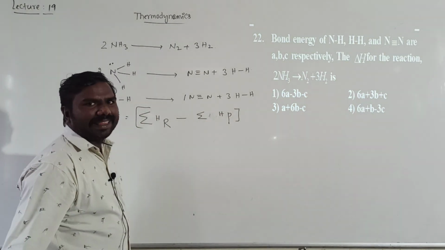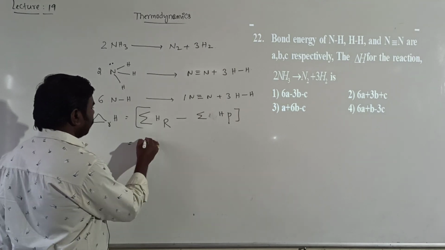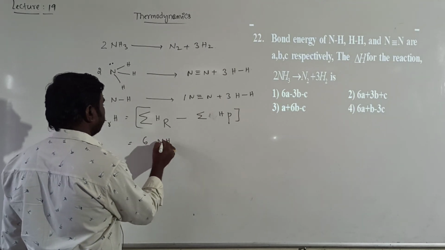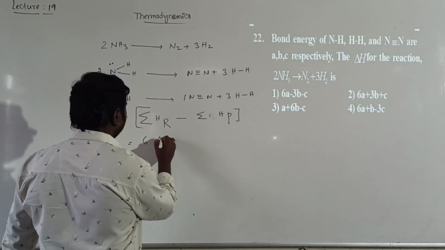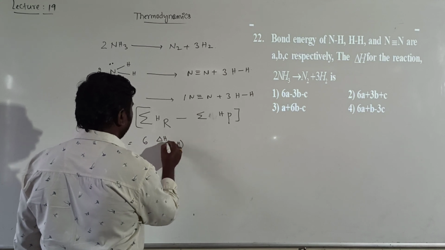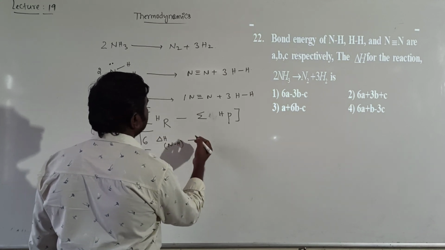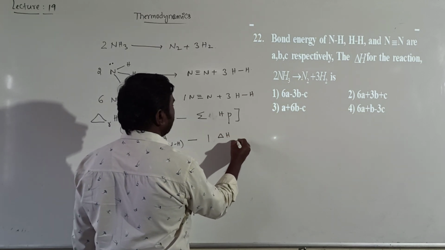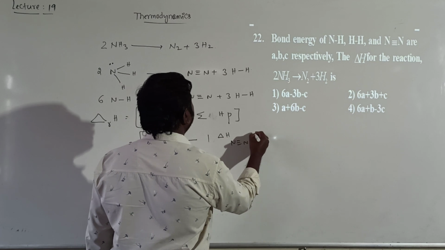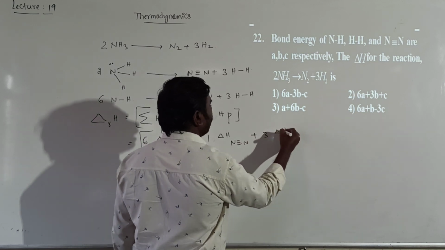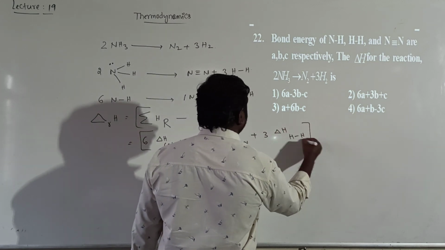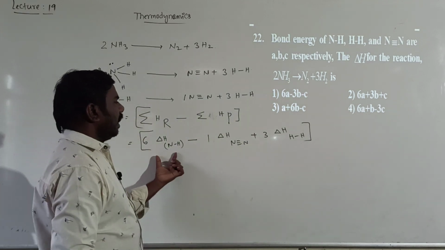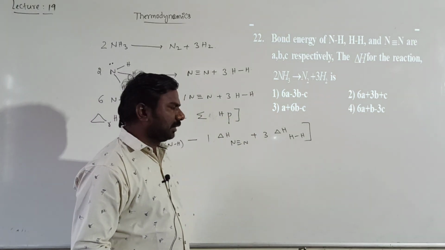If they give bond enthalpies, then you will get 6 into delta H of N-H bond, minus 1 into delta H of N triple bond N plus 3 into delta H of H-H bond. These are reactants, these two are products.